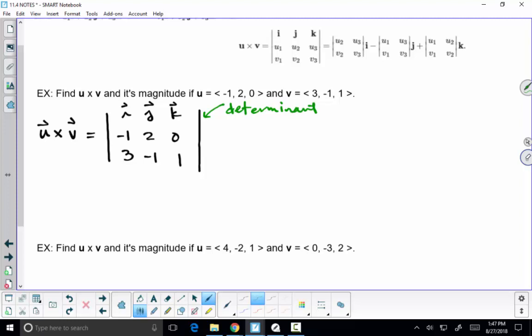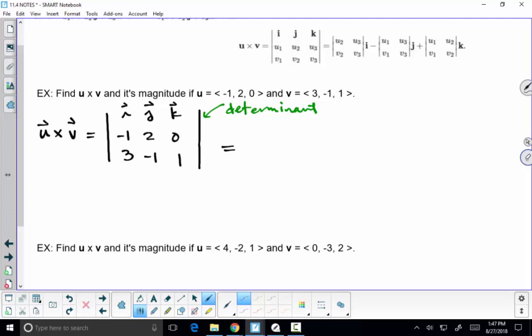Now, the way we evaluate it is with these minor matrices. When you have a 3x3 matrix and you cross out a row and a column, you end up with something called a minor matrix. And that's what those three things are. They're called minor matrices, and what we're doing is finding the determinant of those. So let's write this out, and then we'll talk about what happens.